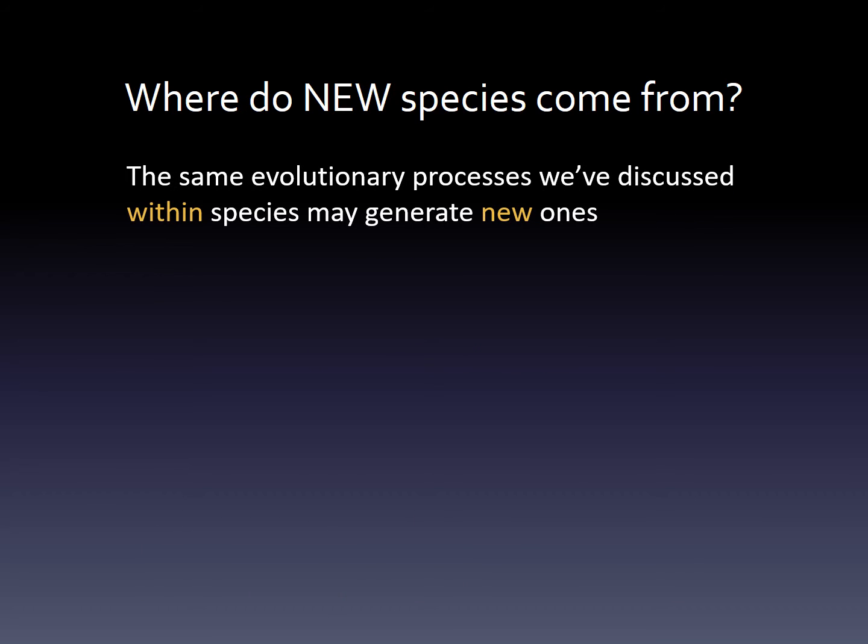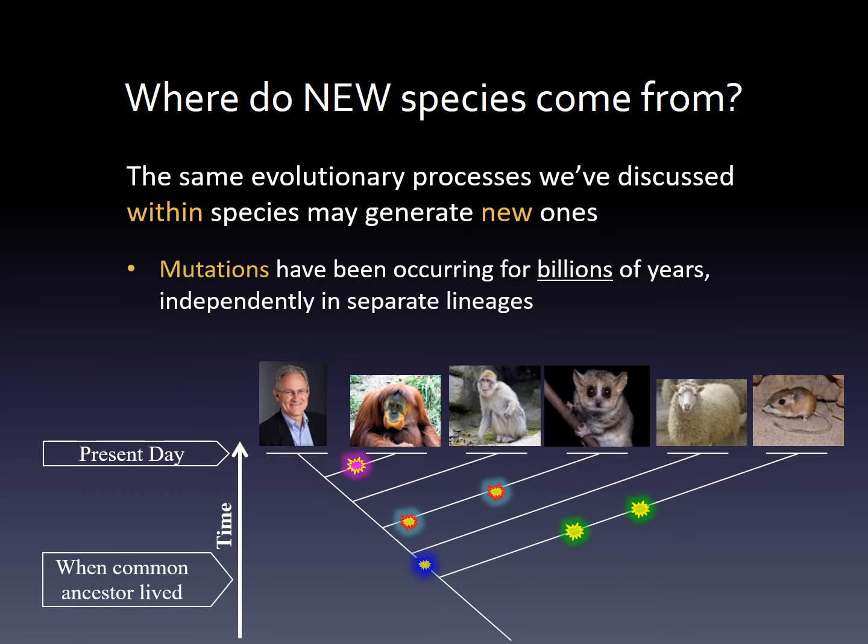The same evolutionary processes we've discussed within species may generate new ones. Mutations have been occurring for millions of years independently in separate lineages. So here I'm showing a cladogram with my cartoon stars representing different mutations in different lineages.